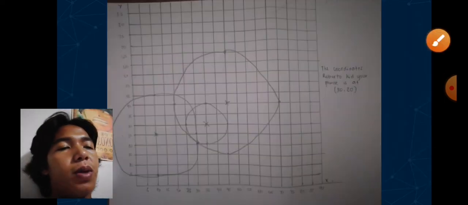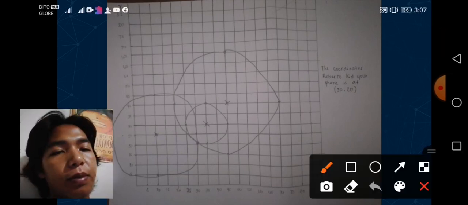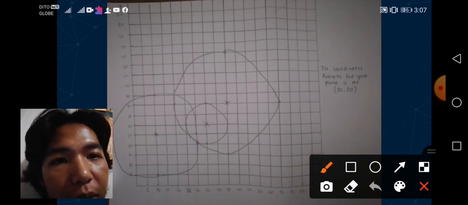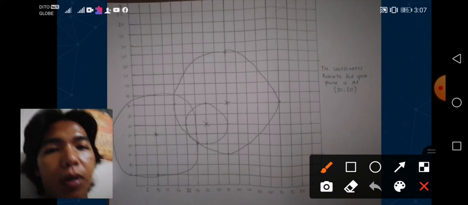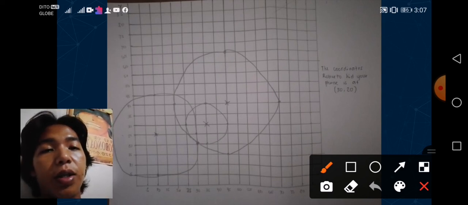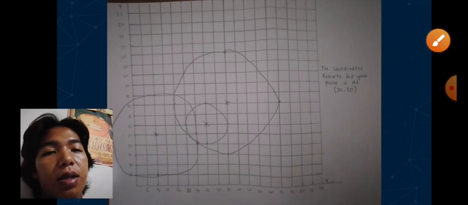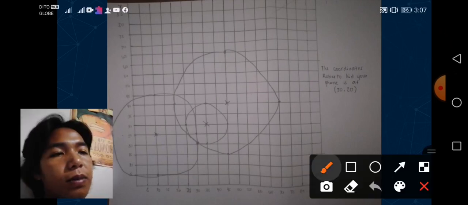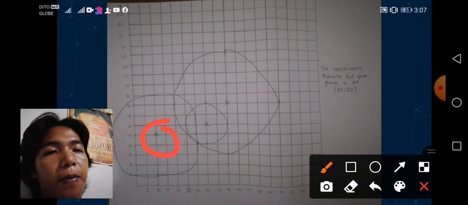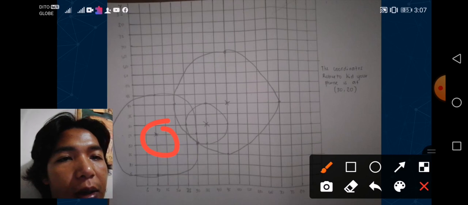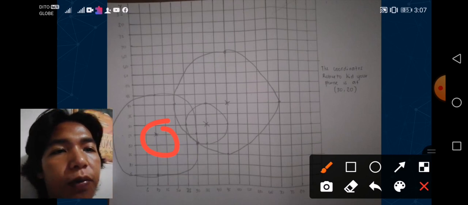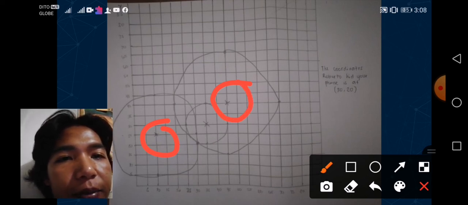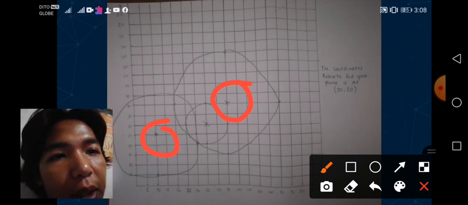So we will graph it. As you can see, the first has the center coordinate 10 on the x-axis and 25 on the y-axis. So this is the first, and then the second is 45 and 40. So this is the second, and the third is 35 over 30. This is the third.